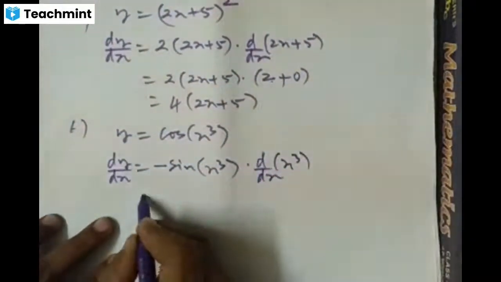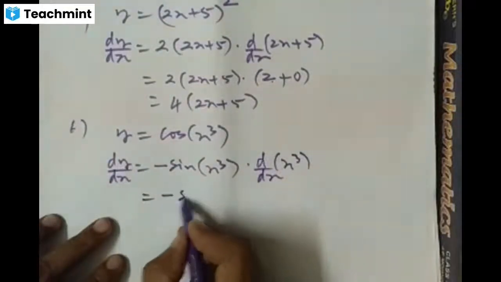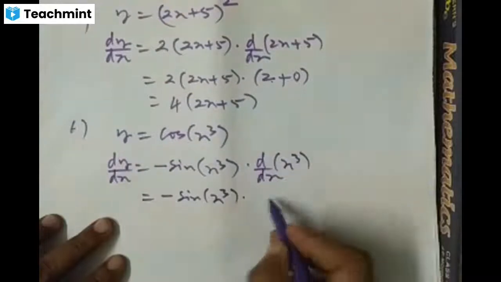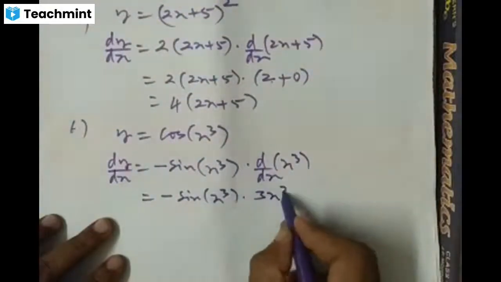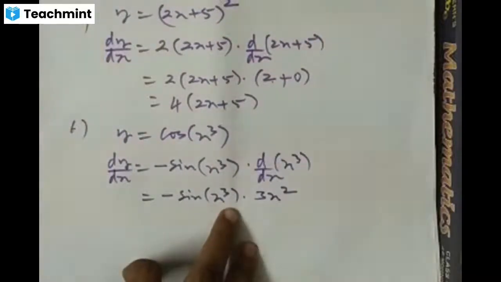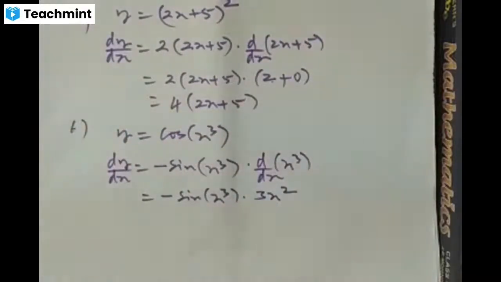So this is equal to minus sin of x cube into d by dx of x cube, which is 3x square, right? So the derivative of the given function is minus sin of x cube into 3x square.